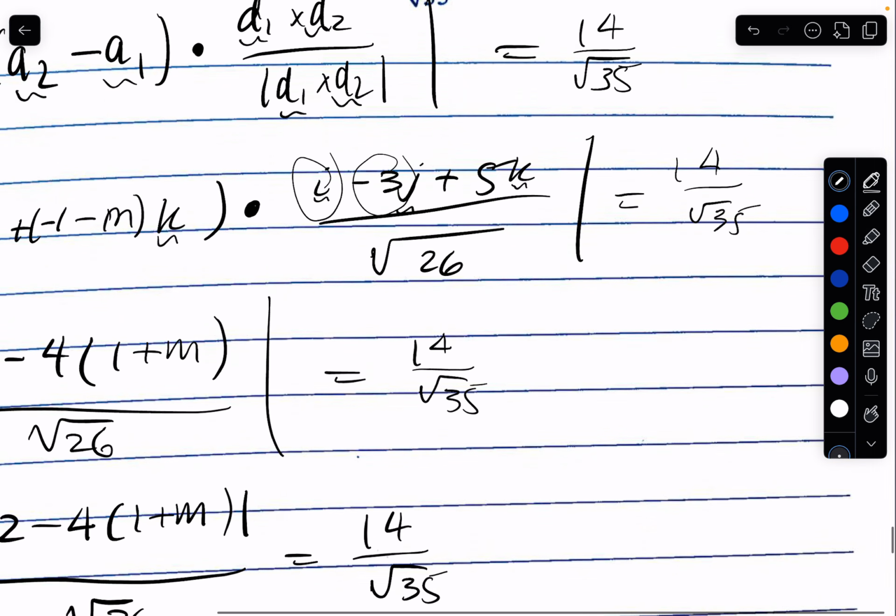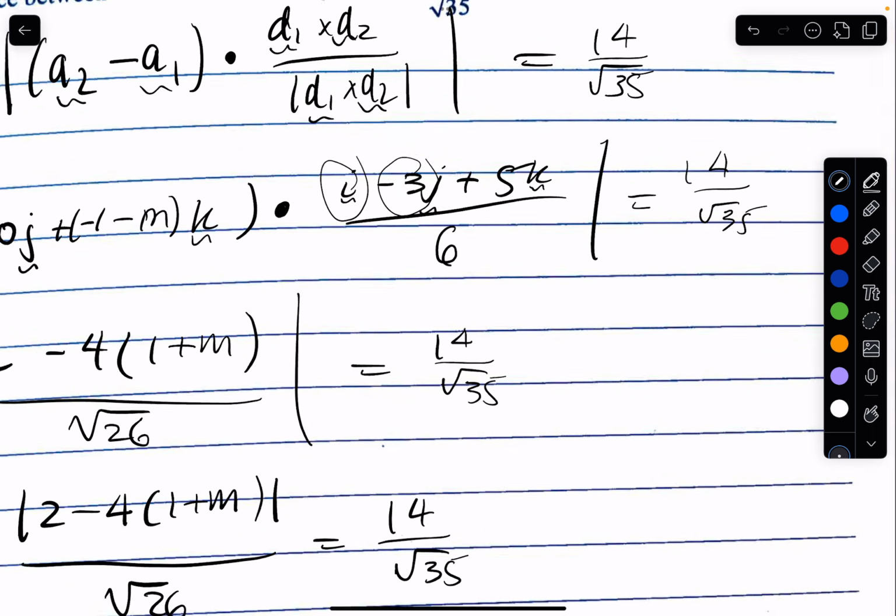So that's root 25 plus 9 is 34. That's over 6, I think. Because it's 25, yeah. Okay.